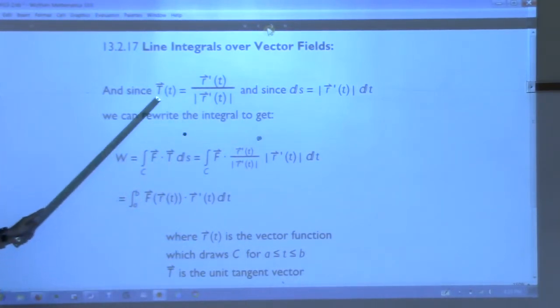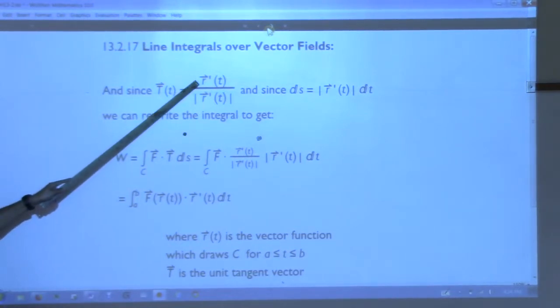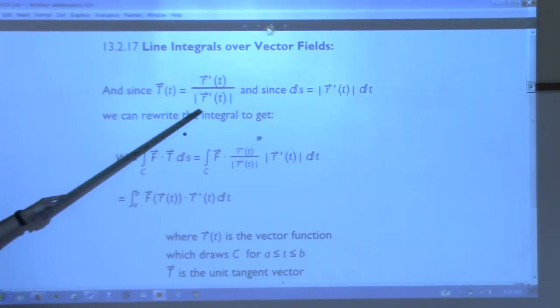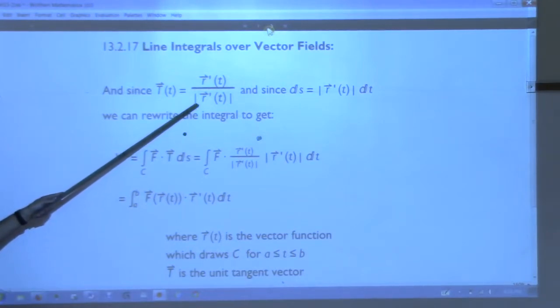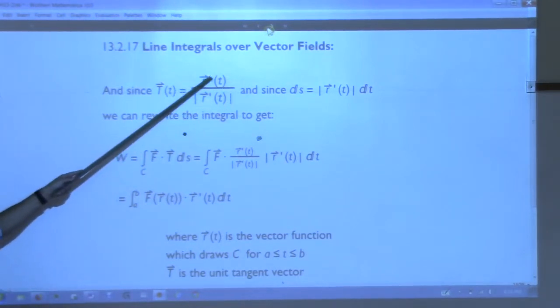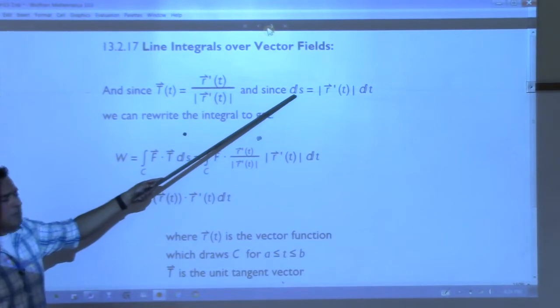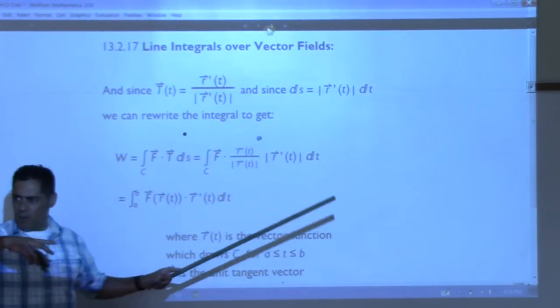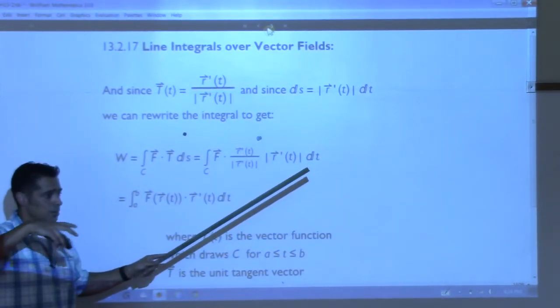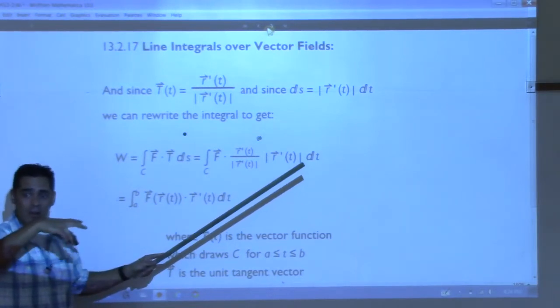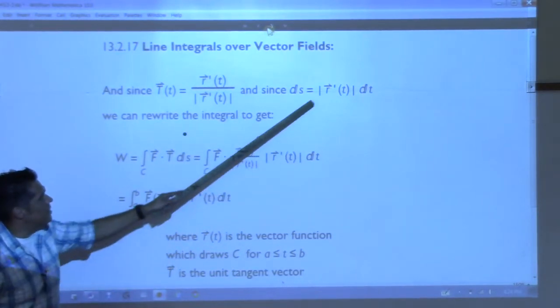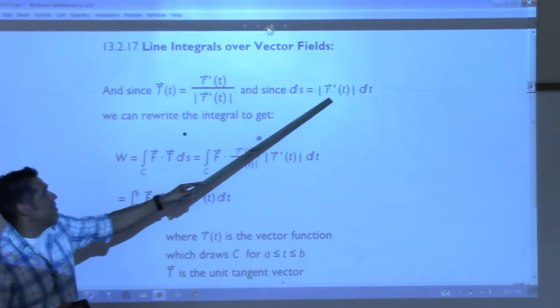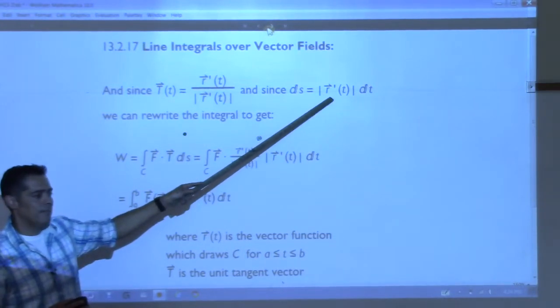Okay, going back to chapter 10, the calculation of capital T was the derivative of r of t divided by its own length. Does that look familiar? Okay, that's what capital T is. And ds, we just saw a second ago, ds was that square root of all the derivatives squared, right? But we said it was the same as the magnitude of the derivative, right?